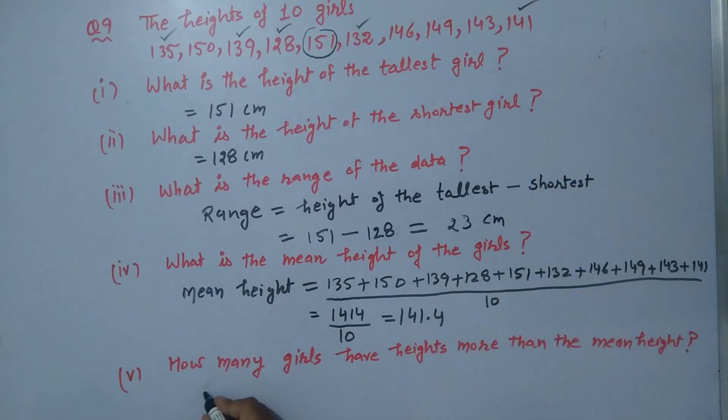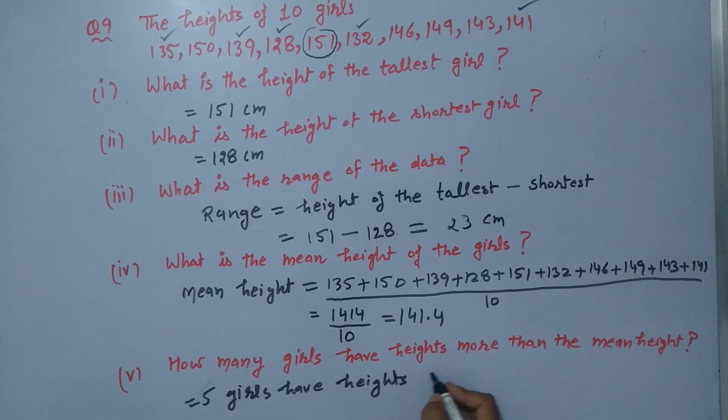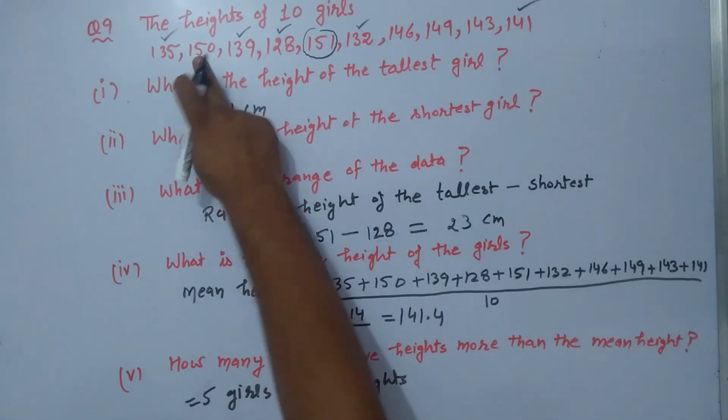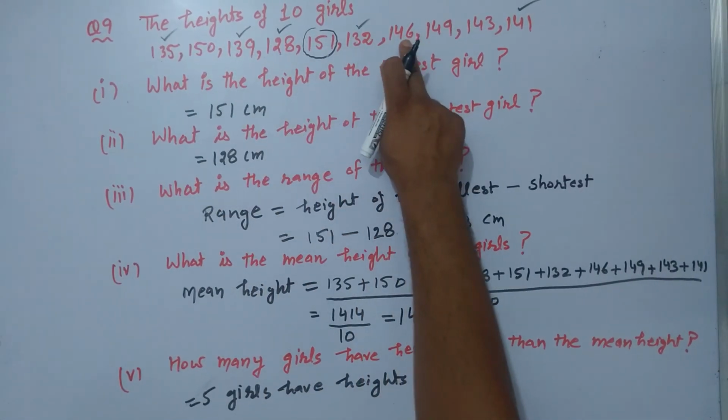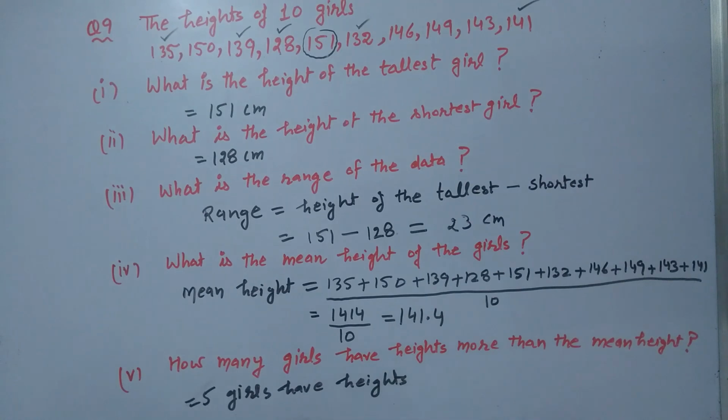So what is the answer? 5 girls have heights more than the mean height.